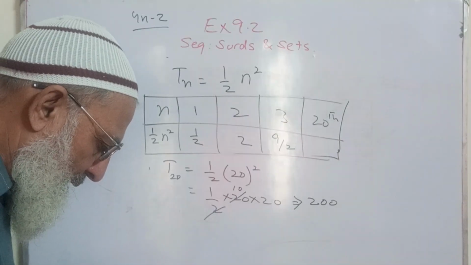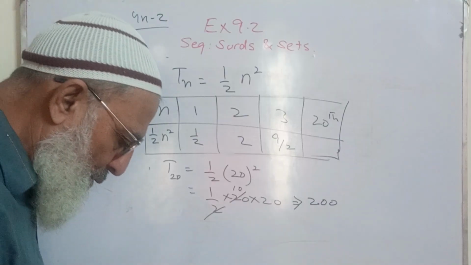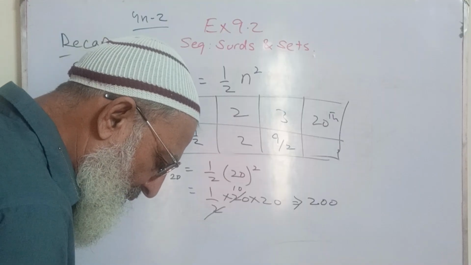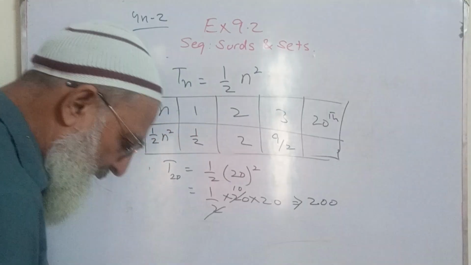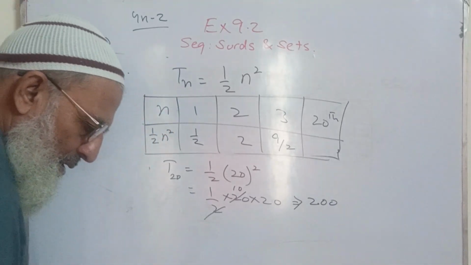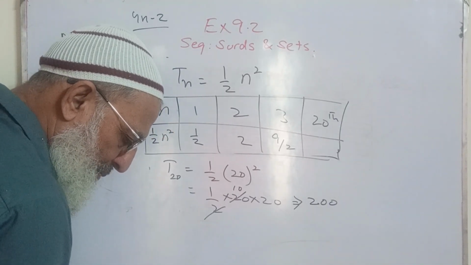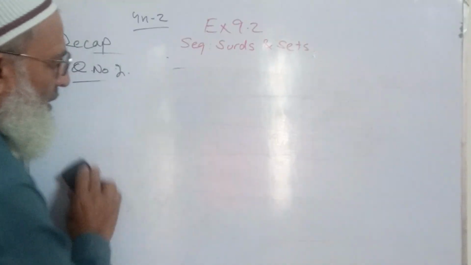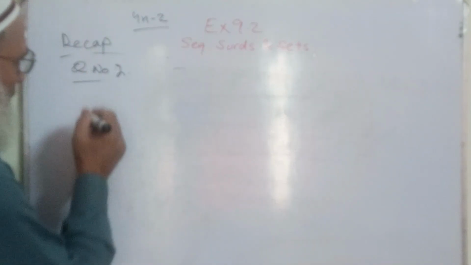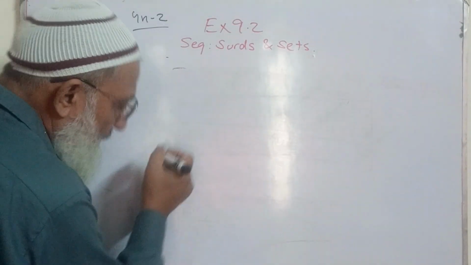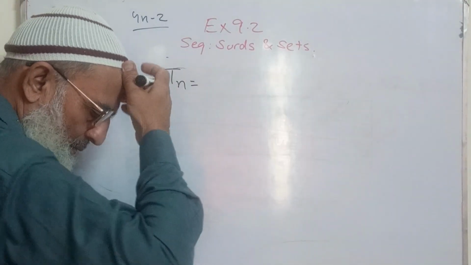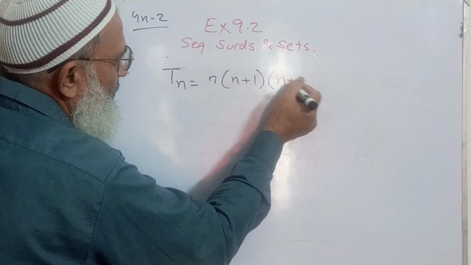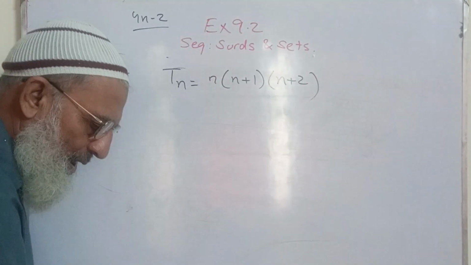Question number 2 is the same. Let me do one more question for you, part number D. Part number D is Tn equals n times n plus 1 times n minus 1.